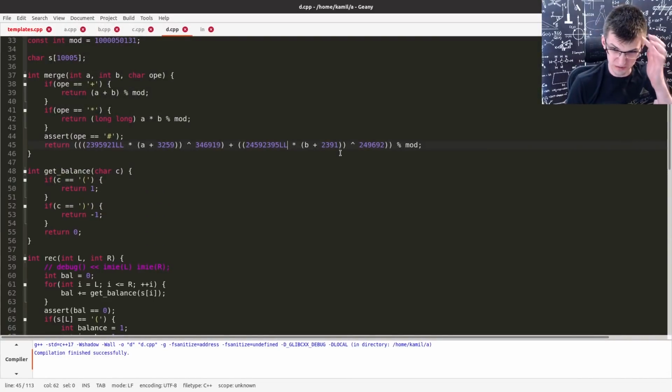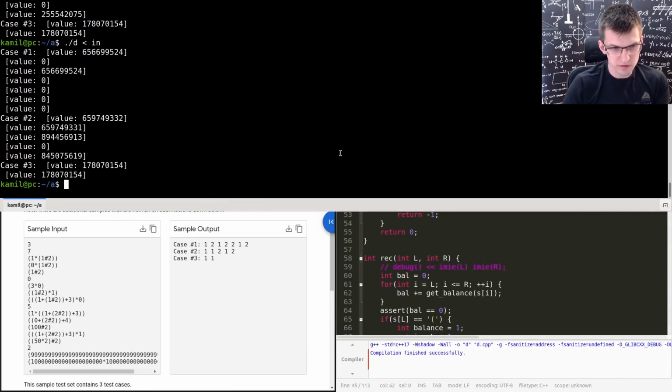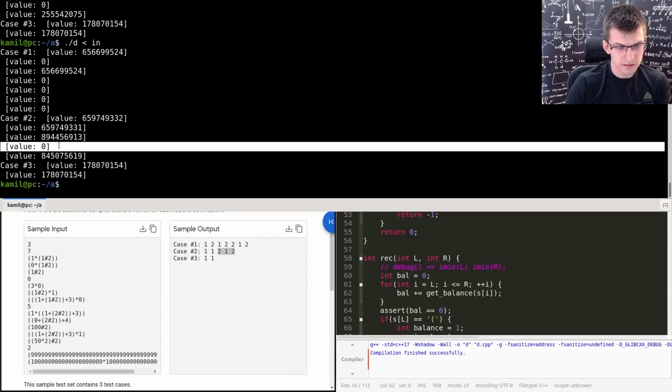Too many zeros. That's bad. Or maybe that's good. Maybe those should be zeros. Those two values should be the same according to them. But they are not. Why?